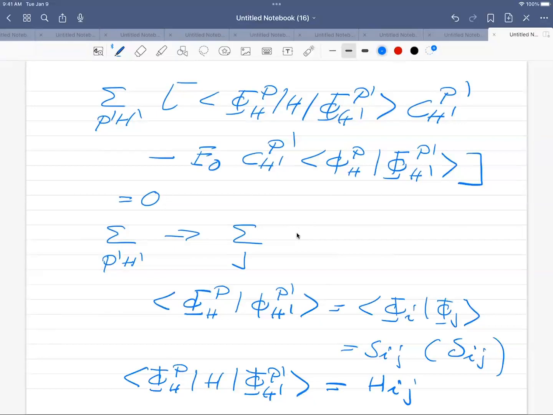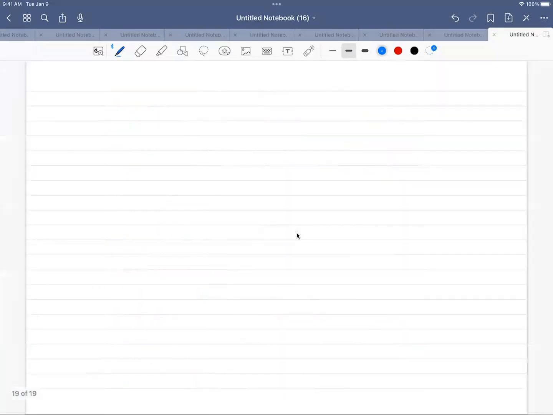I just want to compactify the expressions which you see here. And if I do that, then we are getting the following expressions. So I'm going to relabel C_HP as C_I, and then the C_H'P' as a C_J here. And then I can rewrite the equation which you saw on the previous page.